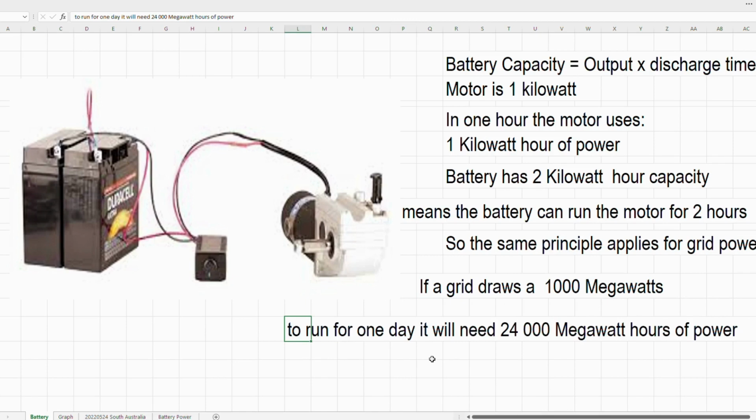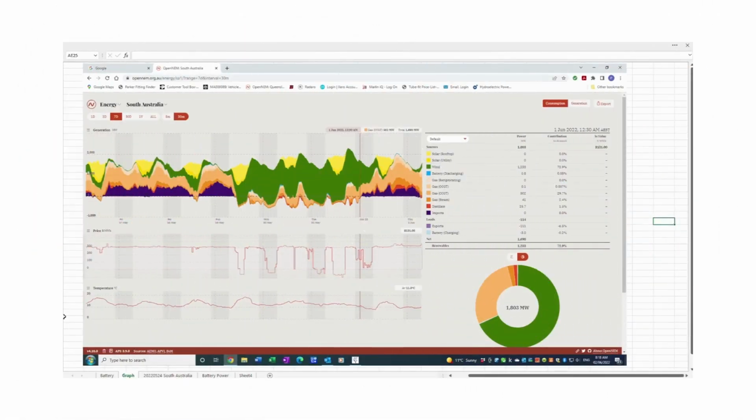And from here we're going to look at some of the power requirements in South Australia, because South Australia has no coal power stations. It relies entirely on gas and diesel and renewables. So we return once again to the graph provided by the OpenNEM for electricity production in South Australia.